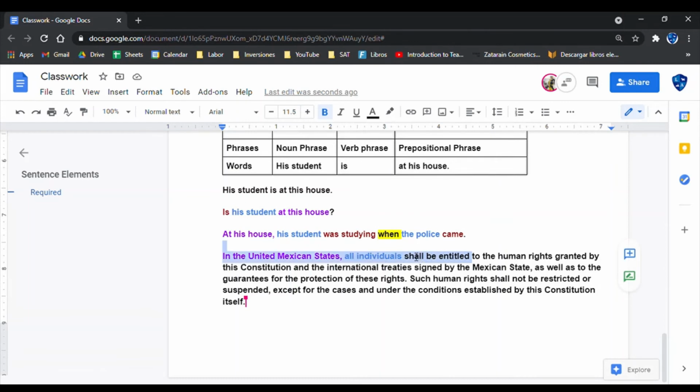So this is the verb phrase. Then: to the human rights granted by this Constitution and the international treaties signed by the Mexican state. To the human rights granted. This is what? That is an object.